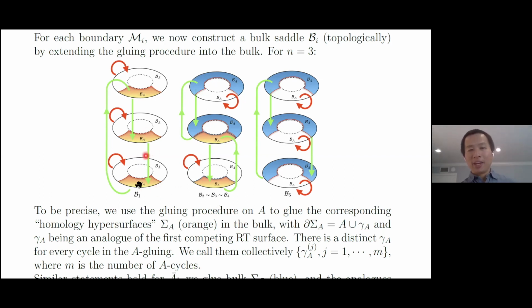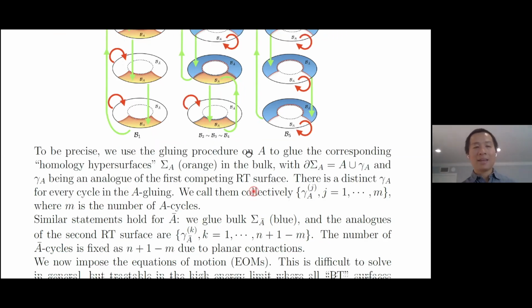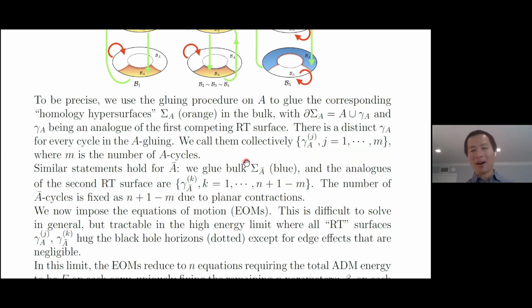And for each cycle in the gluing for A, we have a distinct gamma A. So there really are a number of these gamma A surfaces, these quote unquote RT surfaces, where the number is the number of A cycles in the A gluing, which we denote by m. And the same statement holds for A bar.